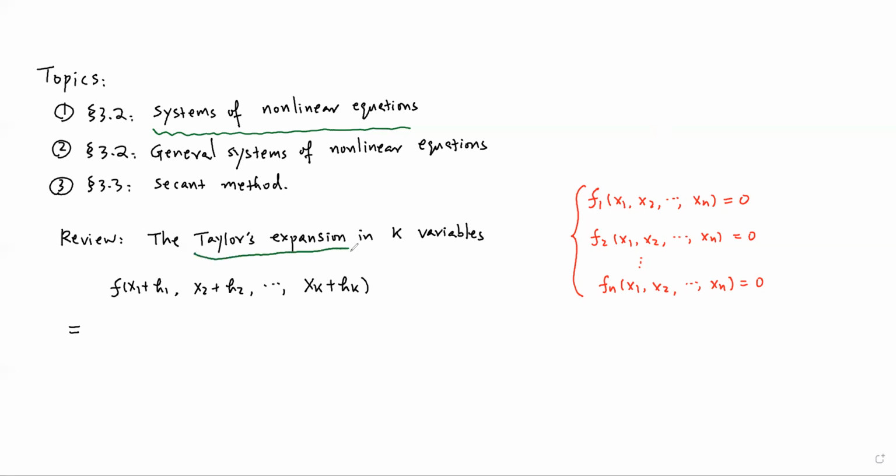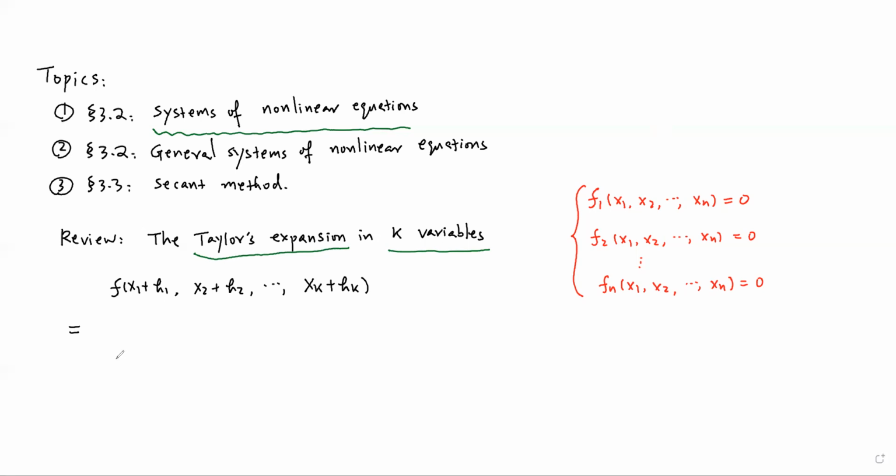Taylor's theorem in k variables. I want to expand this function at the point x1, x2, up to xk.